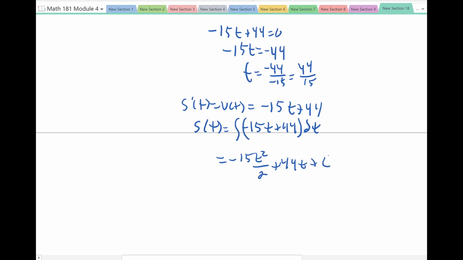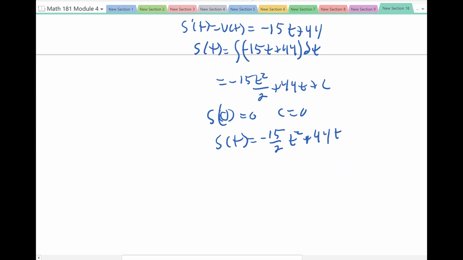And again, our position function s of 0 equals 0, so c would be 0. And s of t is -15 halves t squared plus 44t. So how far does it travel in those 44 over 15 seconds?